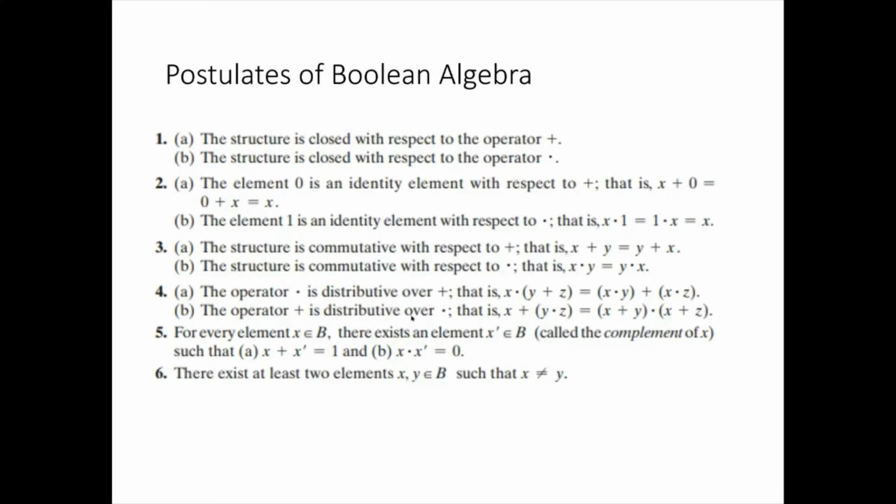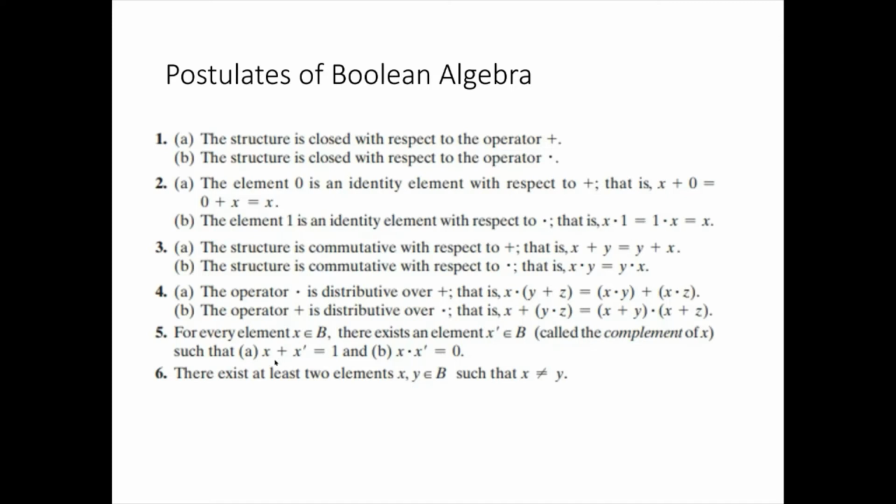So it works both ways. And for every element x that belongs to B, there exists a complement element such that x OR not x equals 1 and x AND not x equals 0.